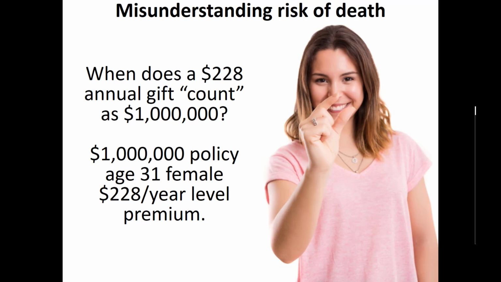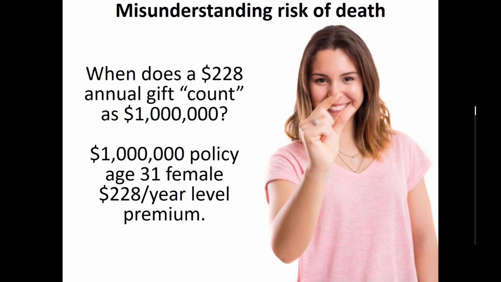But the point is, if you want to add $1 million to your fundraising totals and you're counting revocable estate gifts, if you can get a 31-year-old female to give you $228 as a premium on an insurance policy, you can count that $228 annual gift as $1 million.